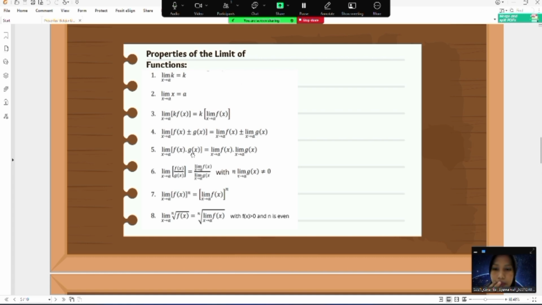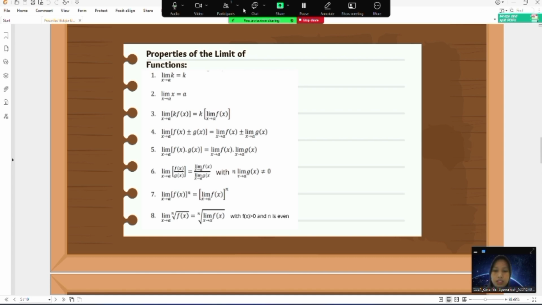Next, limit as x approaches a for f(x) times g(x) equal to limit x approaches a for f(x) times limit x approaches a for g(x).